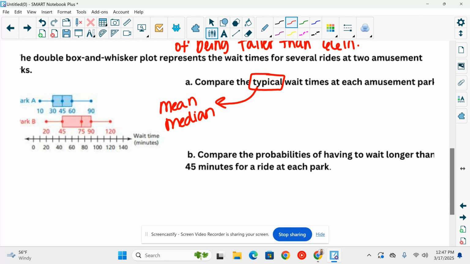We have to use what we have. We have a box plot. Which one of those central tendencies can we find using a box plot? Can we find the mean or the median? Or can we find both?